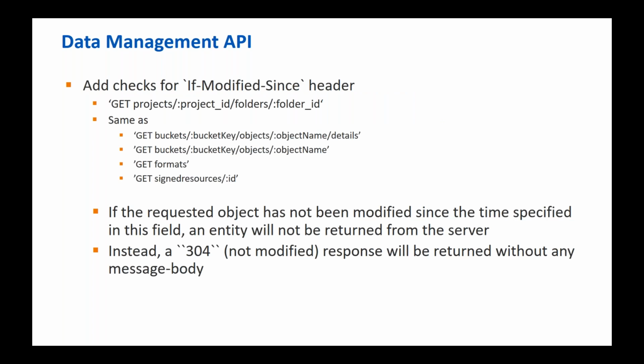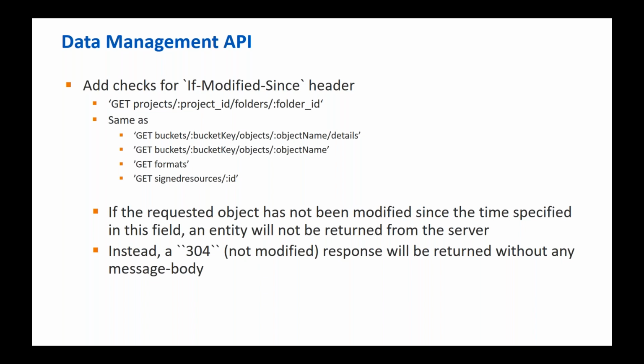So the other technique before Webhooks is when you do a query, you could check if a resource was modified since a date. So you could filter things directly when you do a project folder get.